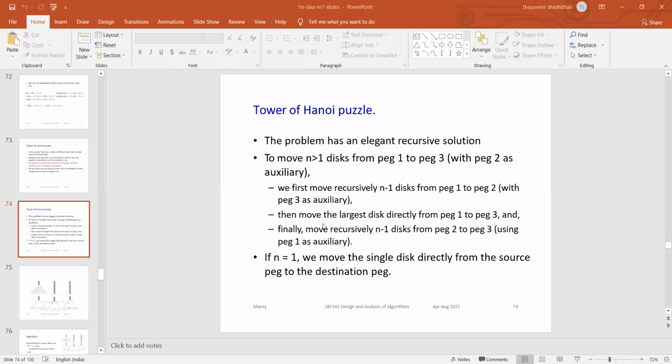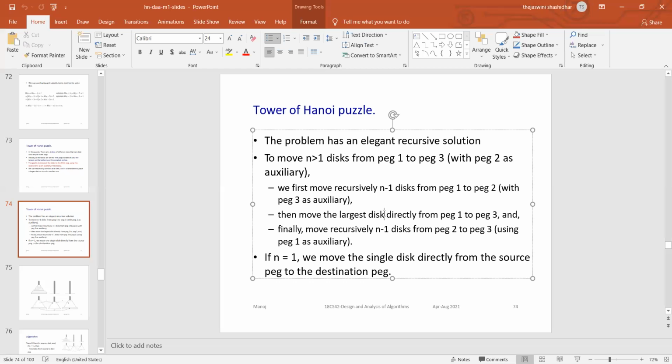Now you move the largest disk which you have left. Which is the largest disk? The largest disk is n. Move the largest disk directly from peg 1 to peg 3. Once you move the largest disk, now you move n minus 1 disks from peg 2 to peg 3.